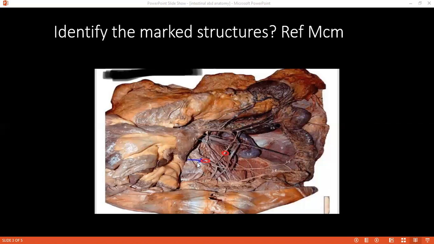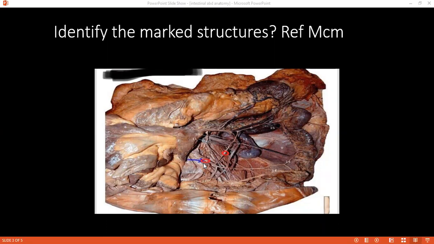Can you see this blue arrow and this red circle? It says 5 on it. Can you please identify the structure? Inferior mesenteric artery.